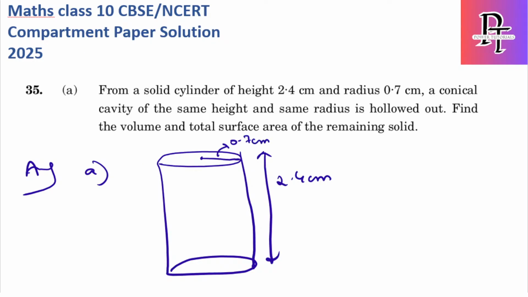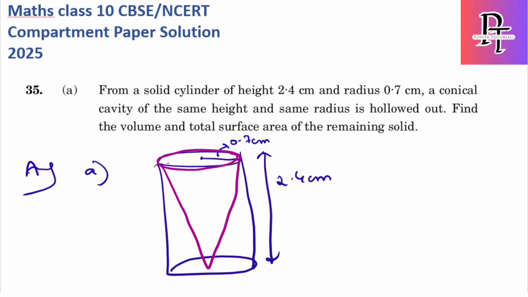So I'll just change the color. So a conical cavity has been cut. So this part has been removed. Find the volume and total surface area. So we need to get two things: volume as well as total surface area.